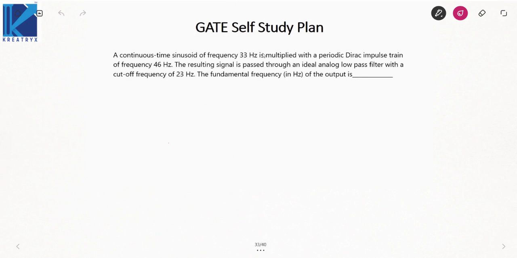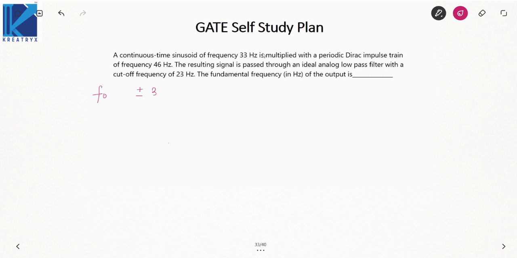Okay. Next one. It says a continuous time sinusoid of frequency 33 Hz is multiplied by a Dirac impulse train of 46 Hz. Then we pass the resulting signal through a low pass filter of cutoff frequency 23 Hz. So what are the frequencies at the output of the sampler?